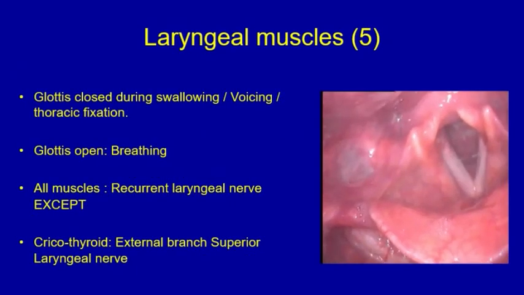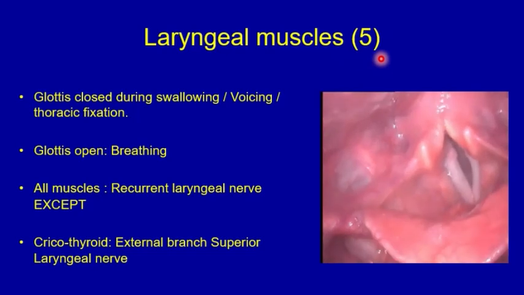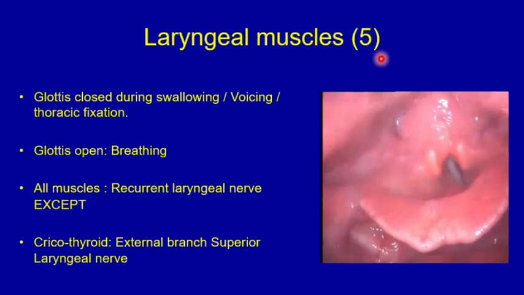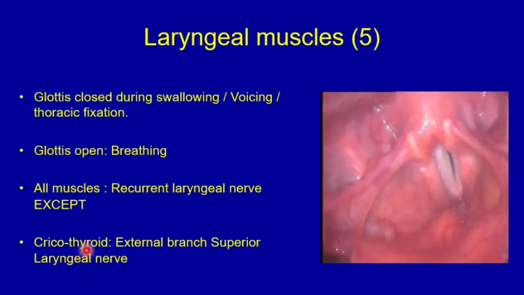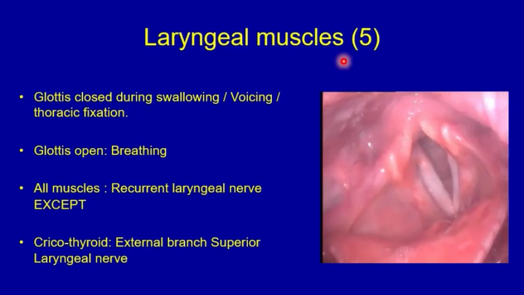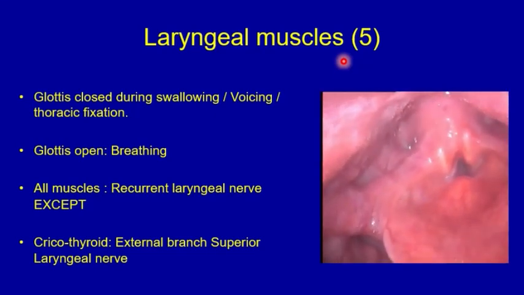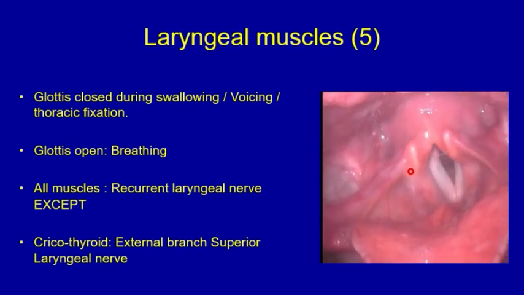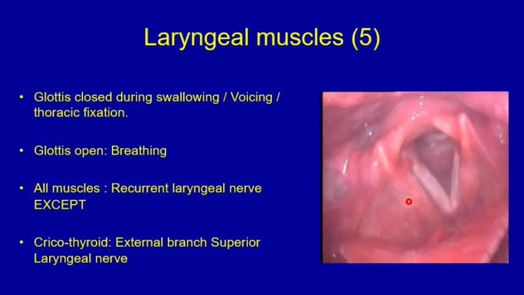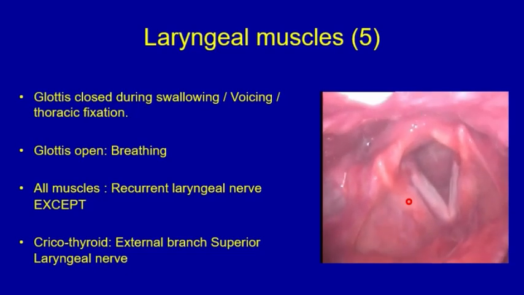There are 5 major laryngeal muscles. 4 of them are internal and only one, the cricothyroid, is external to the laryngeal cartilages. The laryngeal muscles move the vocal folds to open during breathing and close during phonation and during swallowing.